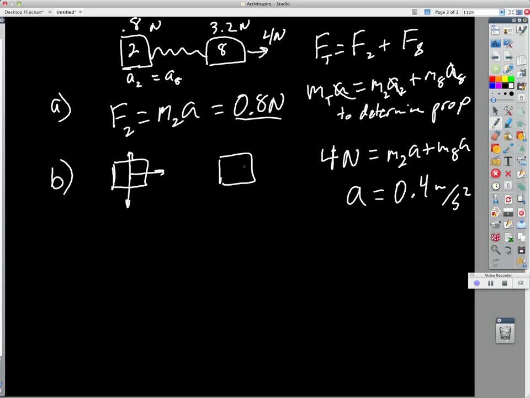And the only force is the force of the spring. True? There's nothing else pushing it. So I know the force of the spring is m2a.